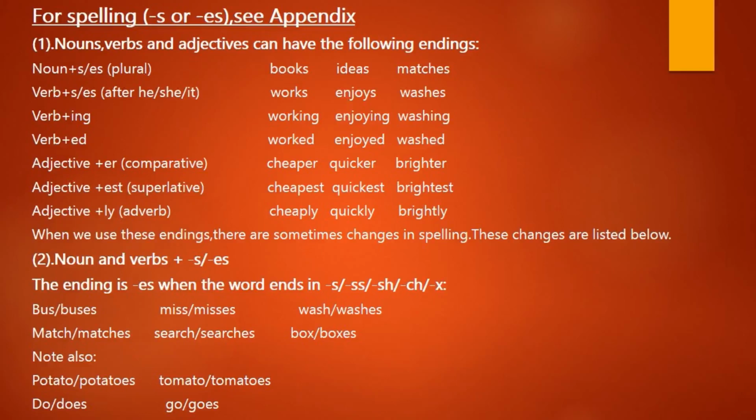Nouns and verbs plus s or es. The ending is es when the word ends in s, ss, sh, ch, or x.